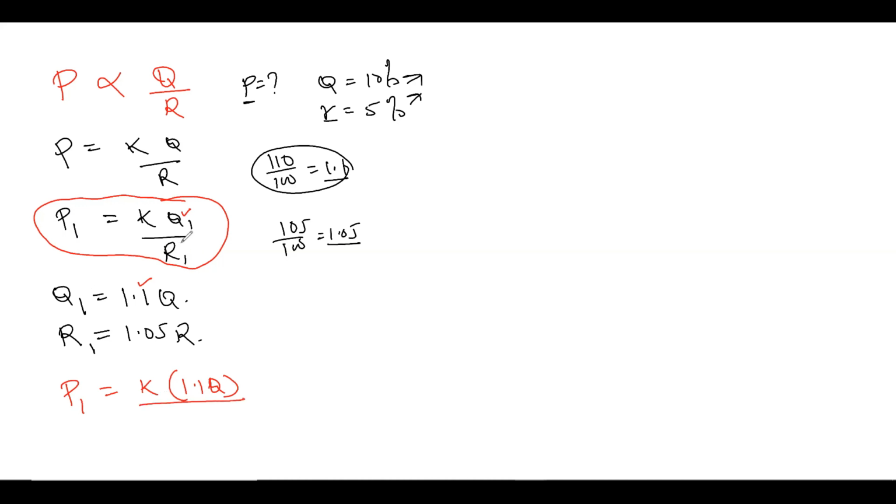Then, instead of writing R1, I'm going to write the new value of R1, which is the same as 1.05R. So what I've done here is written the value of P1 in terms of the original Q and the original R.